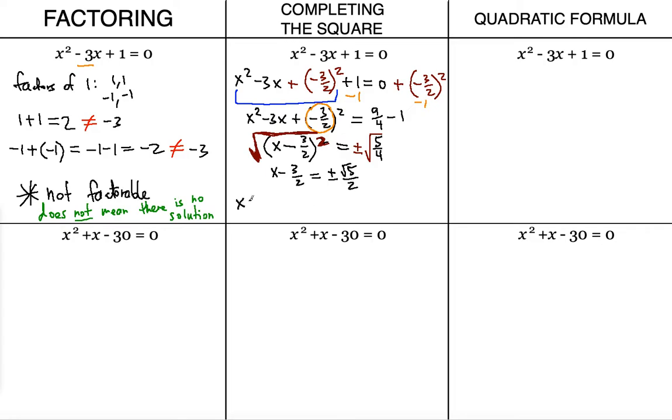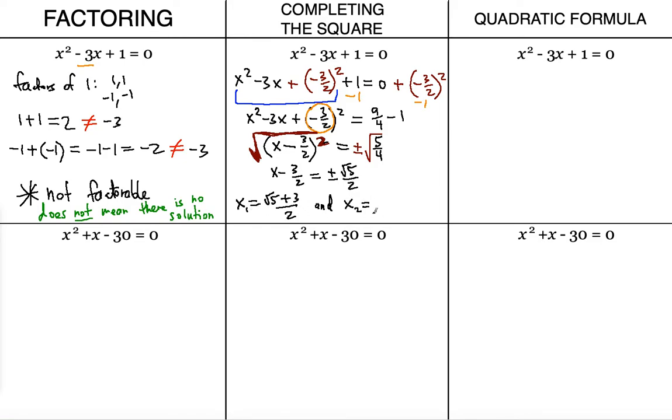So that means x is equal to what? The first solution is radical 5 over 2 plus 3 over 2, right? So that means radical 5 plus 3, because they have the same denominator in the end, divided by 2. I'm going to write x1. That's the first solution.